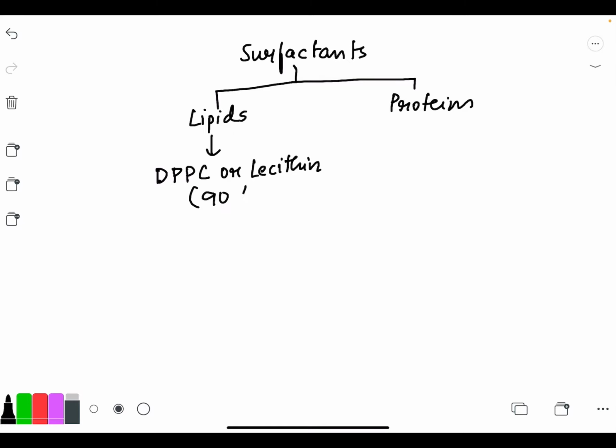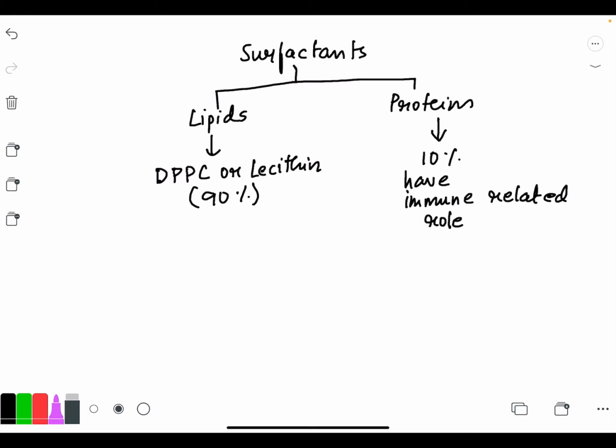This is 90%, and the proteins only contribute about 10% and mainly have an immune related role. The surfactants are secreted by the type 2 alveolar cells.